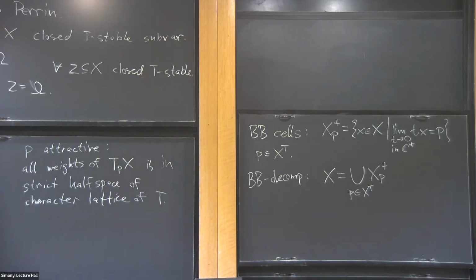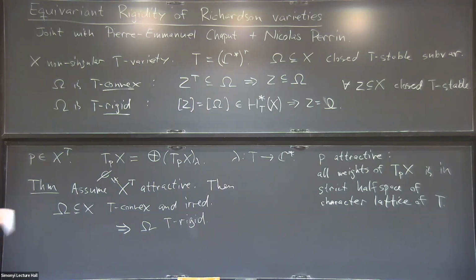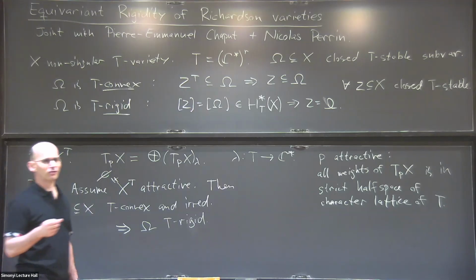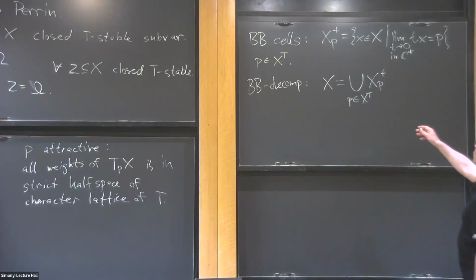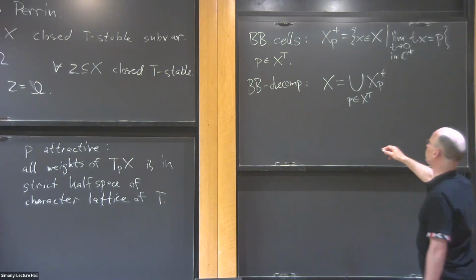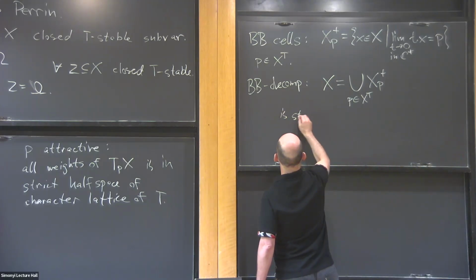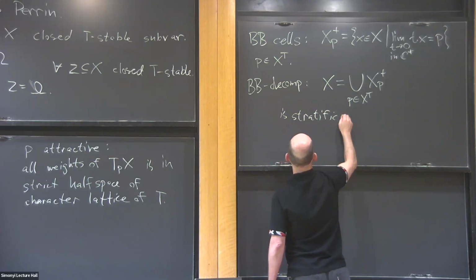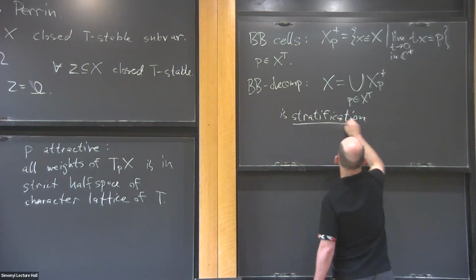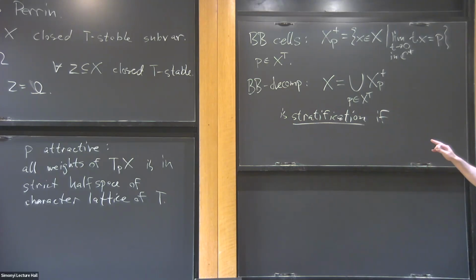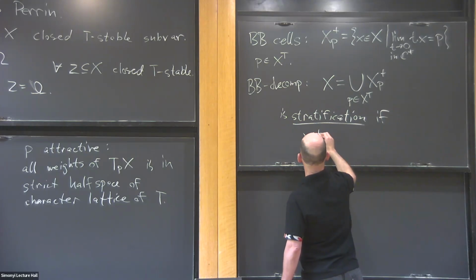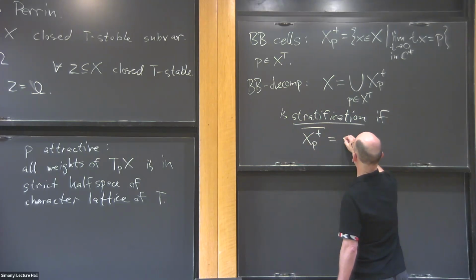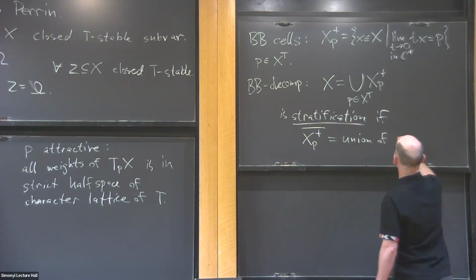Bialynicki-Birula proved some nice results. All these cells are non-singular. In fact, in this case, they are isomorphic to representations of T as varieties. So this decomposition is called a stratification if every cell closure is a union of other cells, so X_P plus closure is equal to the union of cells.